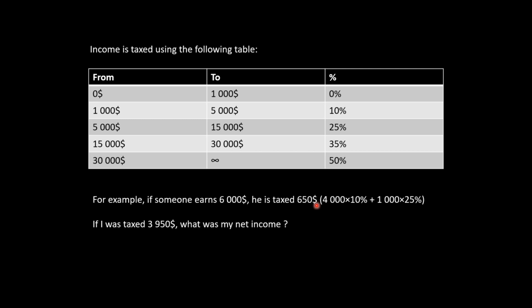That means that depending on the range where you are, the function is different. So that's a set of ifs here: if we are in the first range, it's a function that would be times 0. If we are in the second range, that would be times 10%, etc.